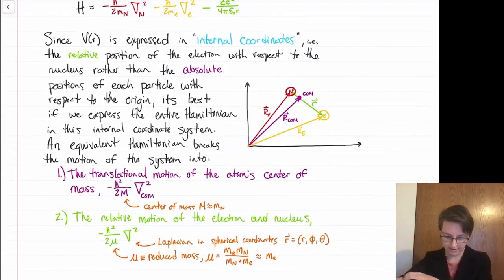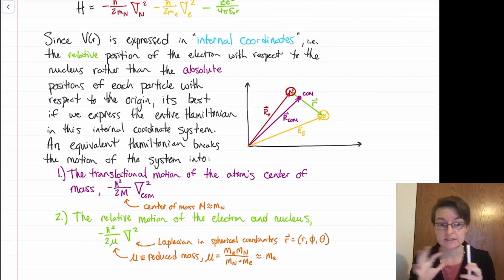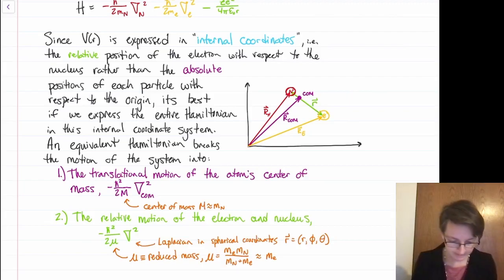And the way that we're going to describe this then is that the motion of the system is one piece is translational motion of the entire atom, its center of mass. Now, if you remember from GChem, a nucleus, or a single proton, is almost 2,000 times heavier than an electron.